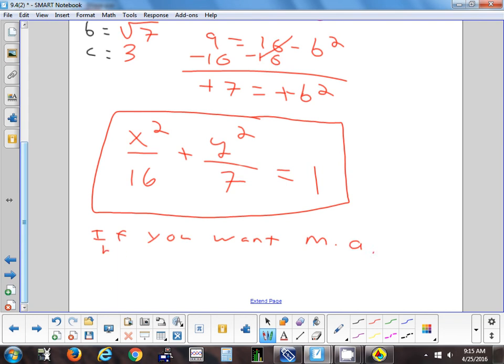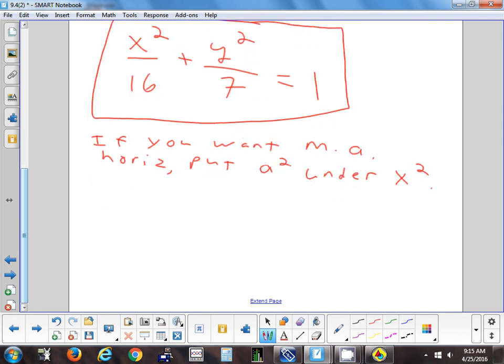Major axis horizontal: put A squared under X squared. If you want major axis vertical, put A squared under Y squared. We haven't really gotten to the second one yet. You're going to see this when I get to the next equation.